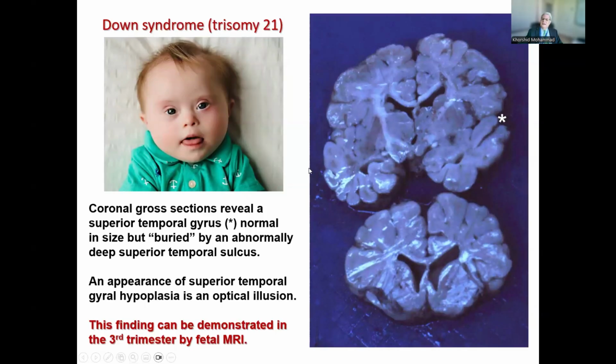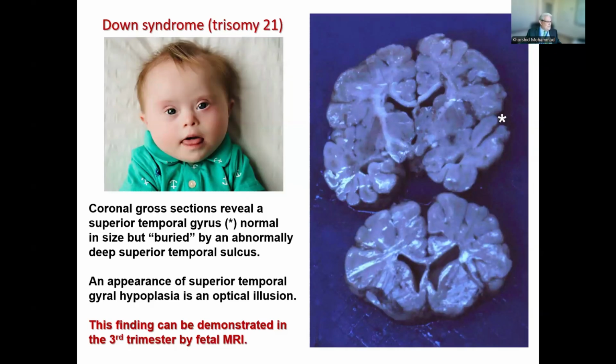But what we demonstrated with coronal sections of the brain of an infant, not this infant, but a different baby with Down syndrome, is that the superior temporal gyrus, if you look here by the asterisk, actually is normal in size. What's abnormal is that the superior temporal sulcus, which divides the superior and middle temporal gyri, is excessively deep, so that the superior temporal gyrus becomes sort of buried deeper within the brain.